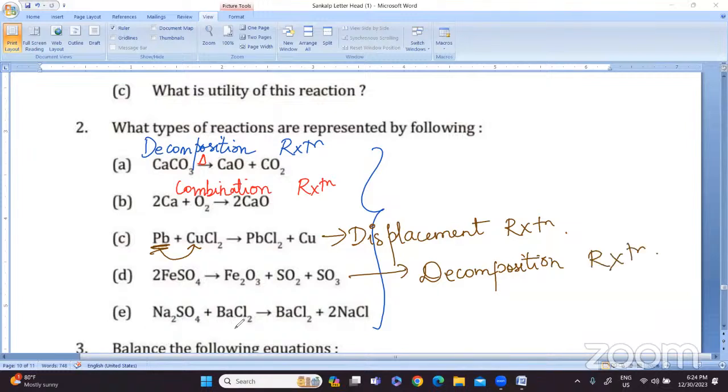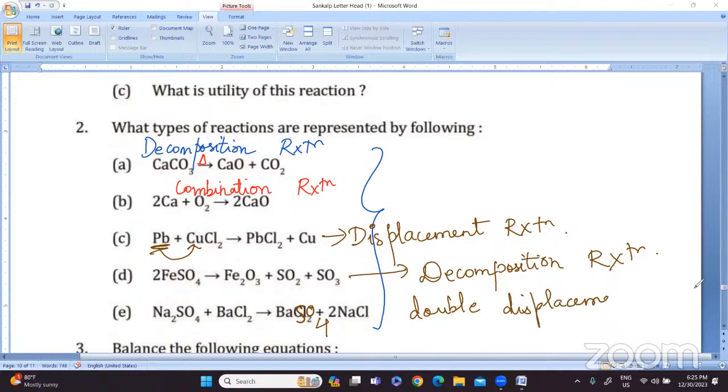Next one, Na2SO4 plus BaCl2 giving you BaSO4 and 2NaCl; the reaction as written was wrong, so it becomes BaSO4 and 2NaCl. This is a double displacement reaction.